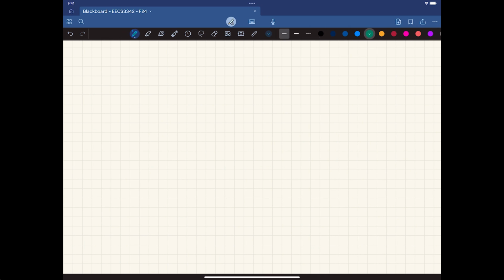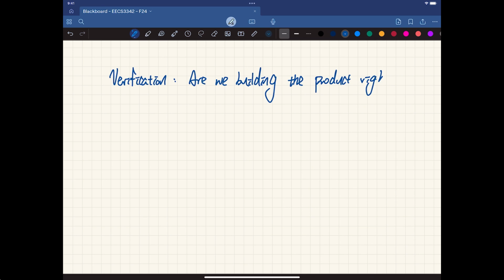Now, here is how you can understand it. Verification: are we building the product right? That's how people usually like to put it. I'll put down validation so you can compare.